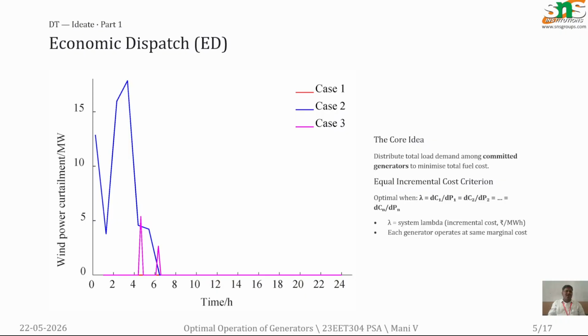In this ideate part, we take the total power demand and commit it to n number of generators, mainly to minimize the total fuel cost. For this we may take solar power or wind power, whatever it may be for different cases. We compare using the equal incremental cost and the time rate.